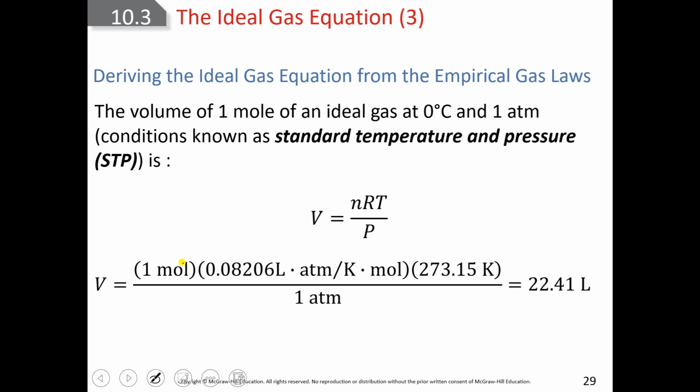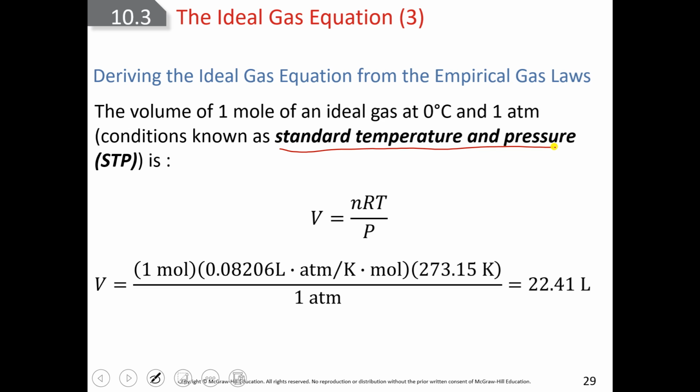So if we're going to talk about how we get this ideal gas equation and how different things are involved, when we have gases that are at standard temperature and pressure, this is not the same as room temperature and pressure. It is standard conditions.